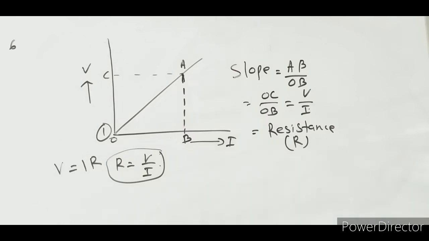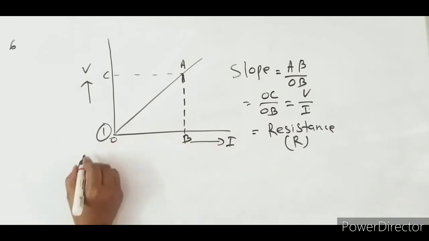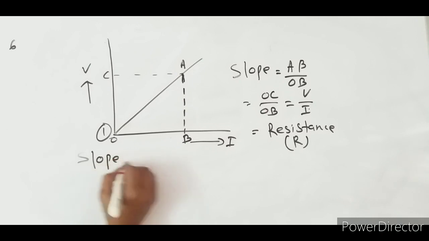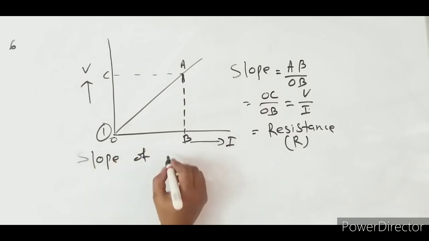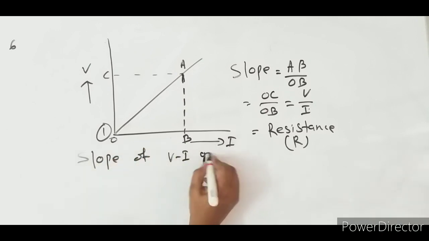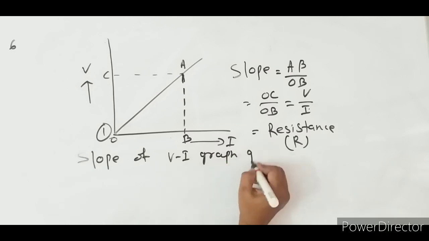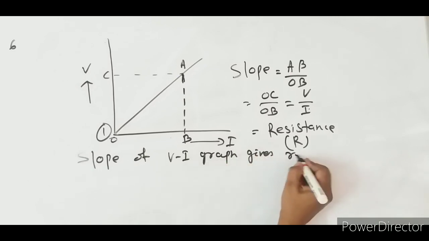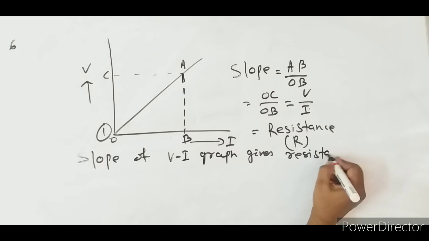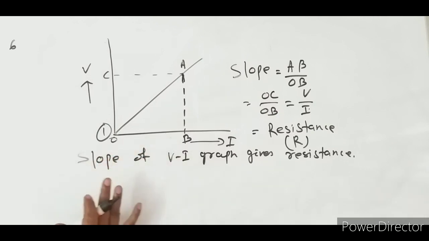So we can write: the slope of the VI graph gives resistance. So this much only you remember for the time being.